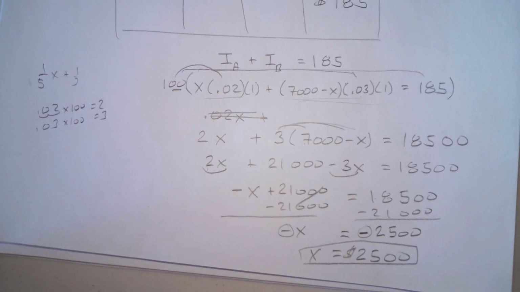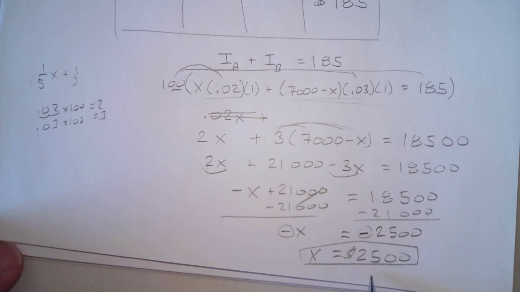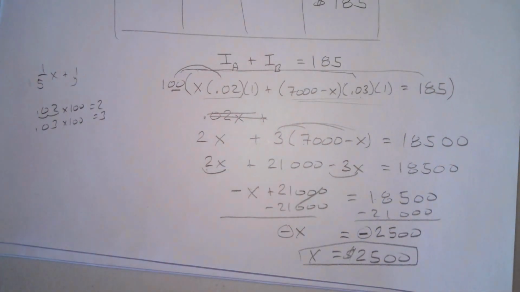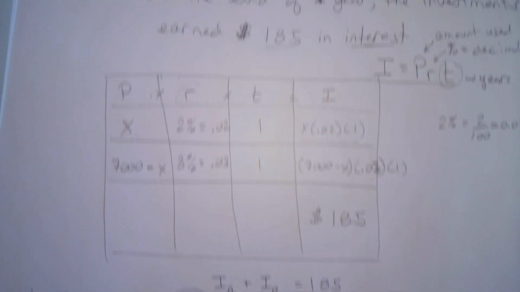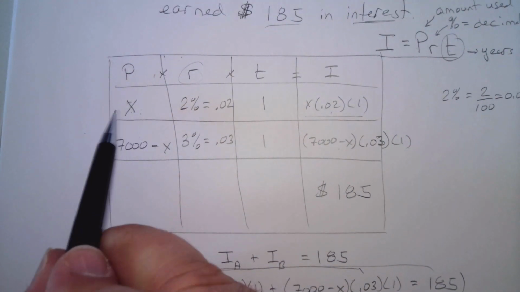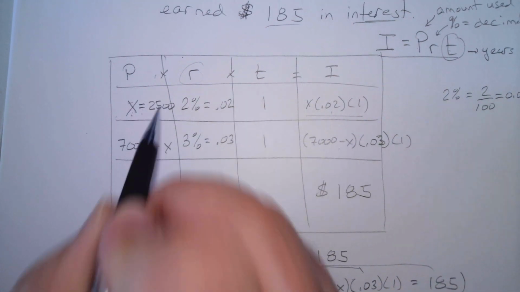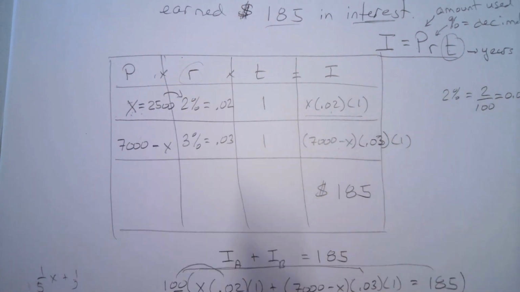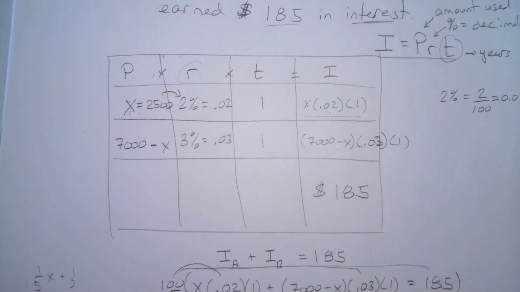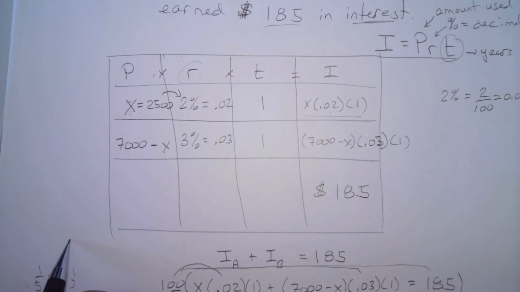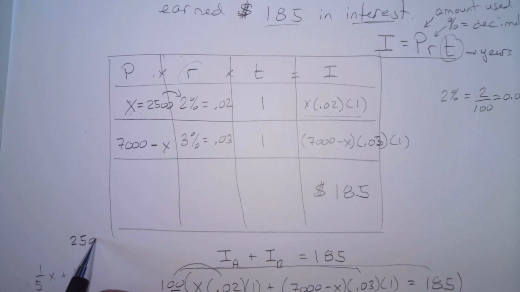So the question is, where did we invest $2,500? Let's go back up here. There's x. So x is 2,500 at 2%. So we did $2,500 at 2%.